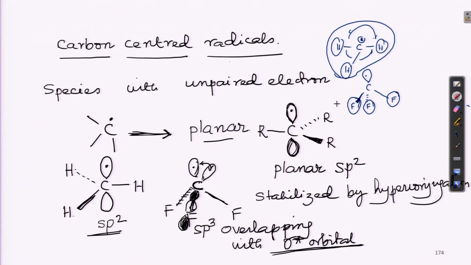The lone pair bond pair repulsion becomes quite high, and that is why the 3 fluorines now... If it is sp2 hybridized, the angle between the single electron, that means the radical occupying the orbital, and the bond pair is 90 degrees in the sp2 system.